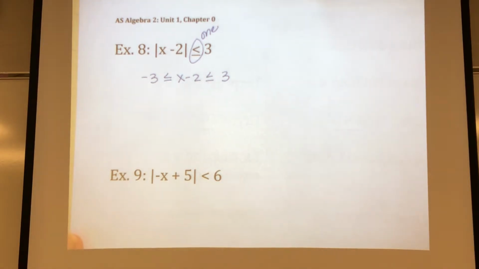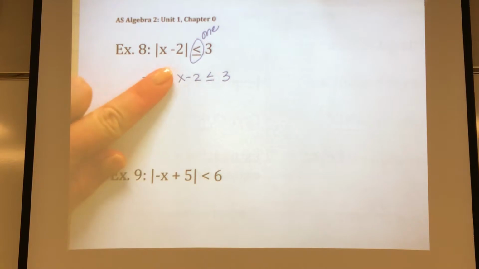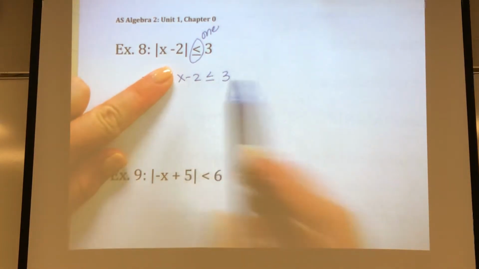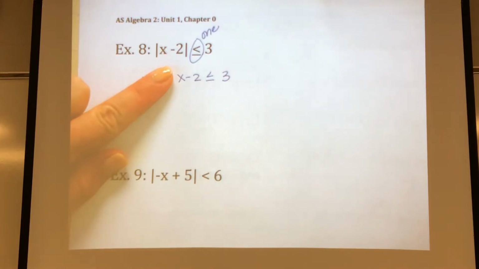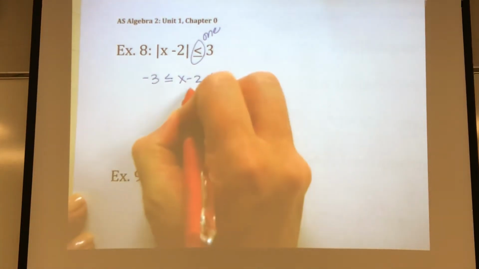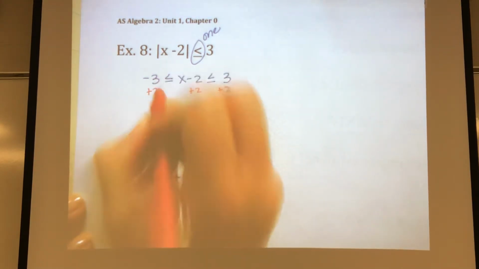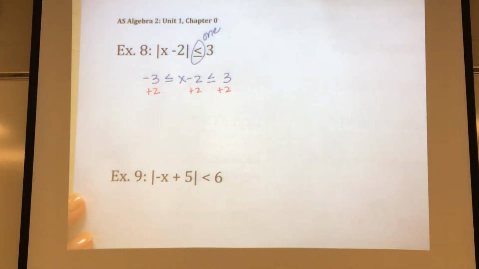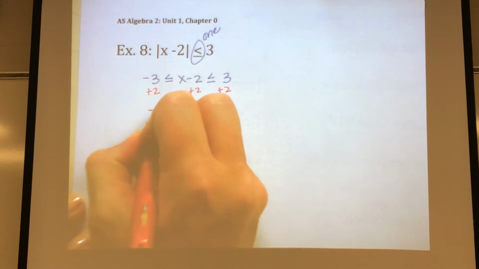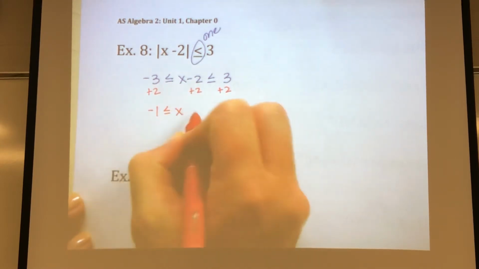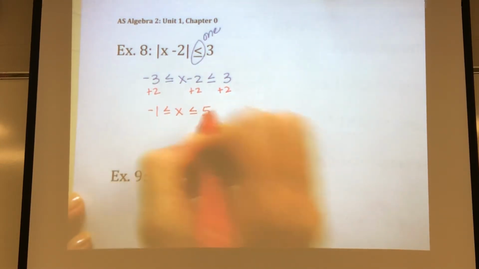In order to do that, you do the same thing that you would do if there was only one thing there. So if we had x minus 2 is less than or equal to 3, we know that we would add 2 to both sides. Well, we're going to do the same thing, but we're going to add 2 not only to the right side, we're going to add it to the left side also. So that allows us to have a negative 1 is less than x is less than or equal to 5.